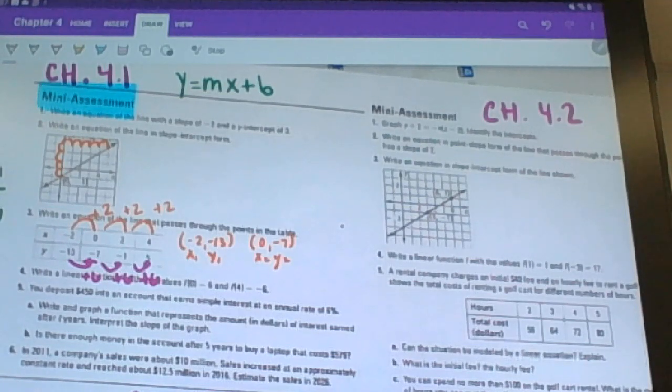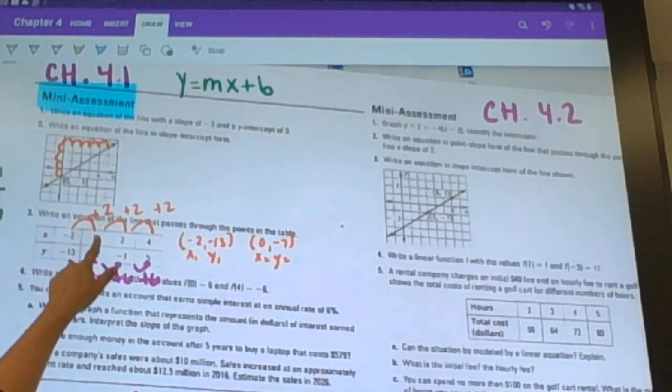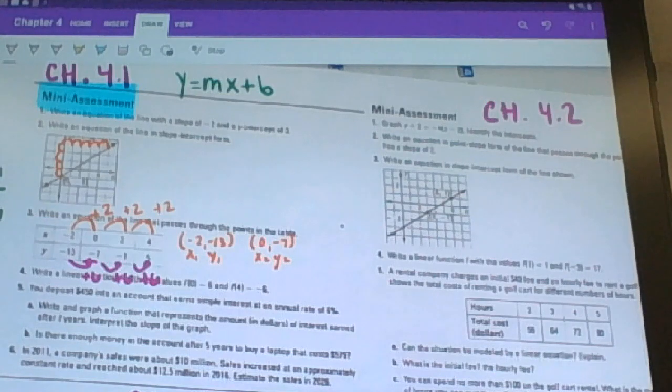So you could just pick the first 2 points, x1, y1, x2, y2, and do the slope formula, if you prefer. Now for me, since I was able to see that it was up 6, I got the slope is 3, but I can see that would be challenging. The change in y is going up 6. The change in x is going up 2. Your slope is 3.